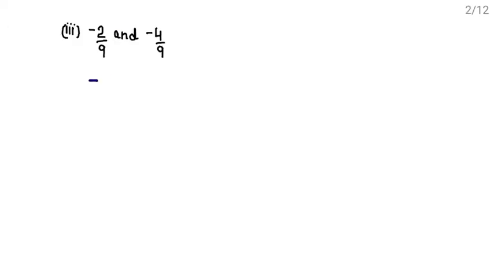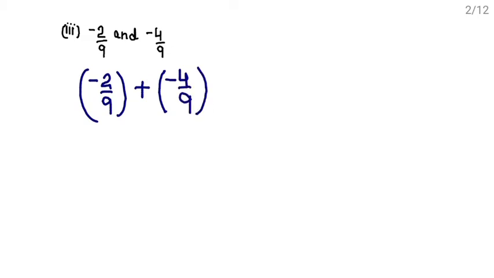Next part, add minus 2 upon 9 with minus 4 upon 9. Right? Now open the bracket. Minus 2 upon 9 plus minus 4 upon 9.